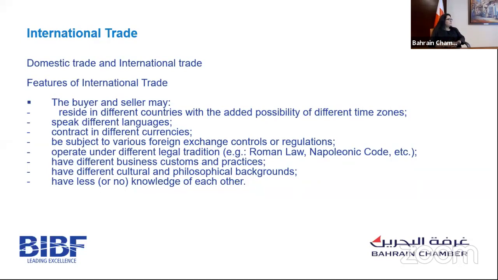For example, when you deal in international trade, the buyer and seller may be residing in different countries with an added possibility of different time zones, and they may be speaking different languages. Obviously, they will be contracting in different currencies. There can be a lot of foreign exchange regulations. They may be operating under different legal traditions. Some may be following Roman law, some may be following Napoleonic law, some may be following Arabic laws. So you may not be knowing them.